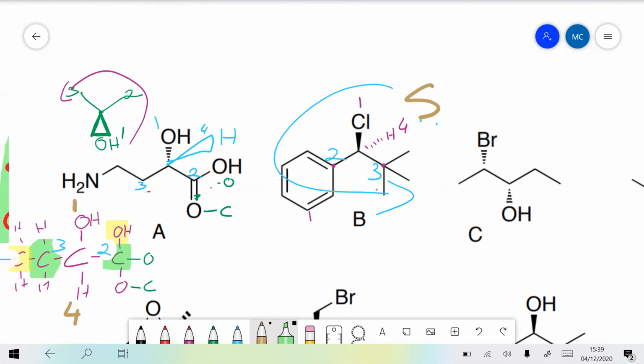That is rotating anti-clockwise. Good, you're right. Yes.